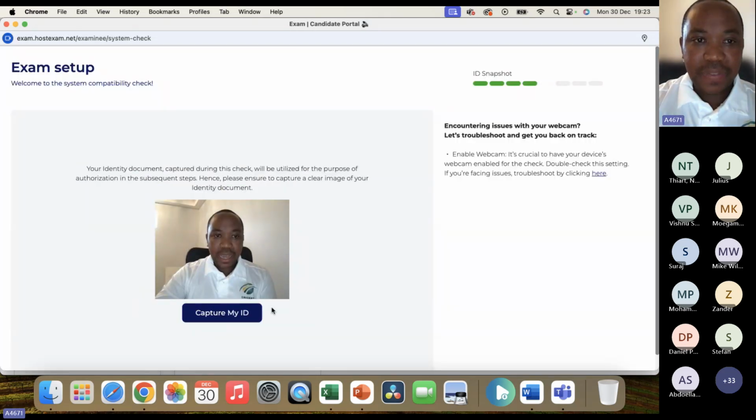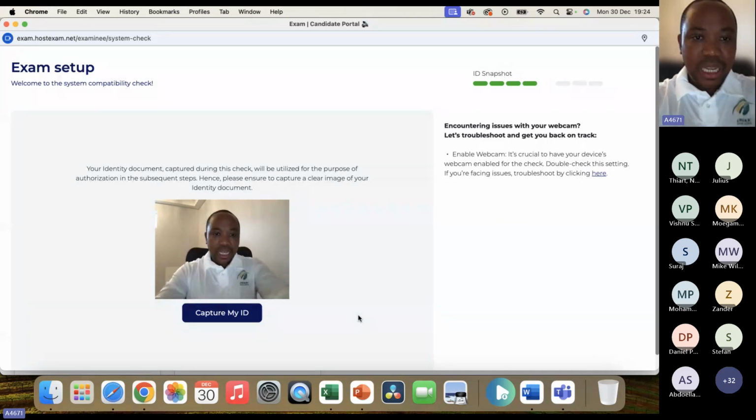So once I have saved my picture, then I am going to now take a picture of my identity document. This is to verify that it is indeed Thomas Mokorosi who's going to be writing the exam.